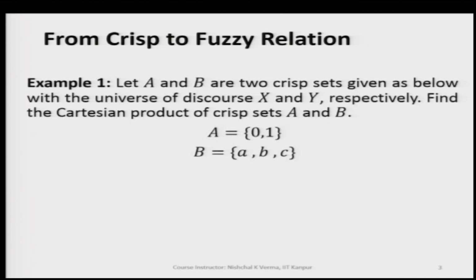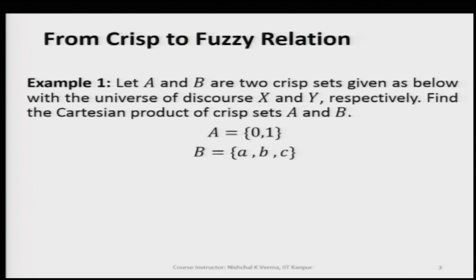Of course, this is a very basic understanding. You must have done this in your earlier classes of mathematics, but it becomes a little important to understand before we move to the crisp relation and then the fuzzy relation.